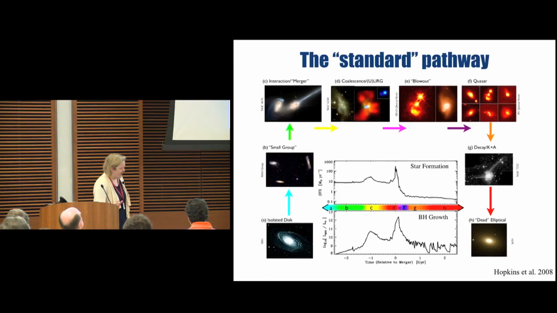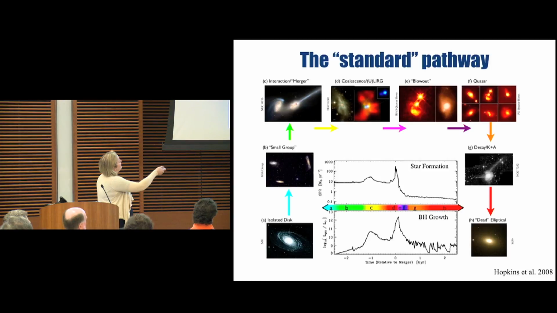The standard way we think galaxies transform, that is, when a galaxy is now, the initial conditions have been met and the transformation has started taking place, looks something like this. You start down here with an isolated disk, maybe you get in a small group. This particular pathway is for mergers, but a lot of the properties that happen for mergers actually happen for all the rest of the galaxies as well.